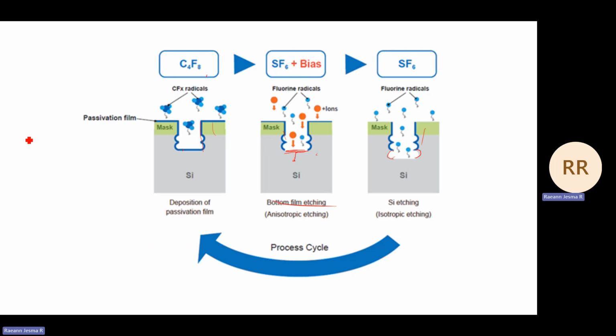Initially, let's say we have a mask like this. In the first step, we have protection with C4F8, so it will protect everywhere. Then once SF6 gas is passed, it will start etching isotropically.